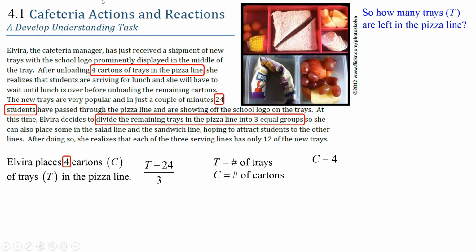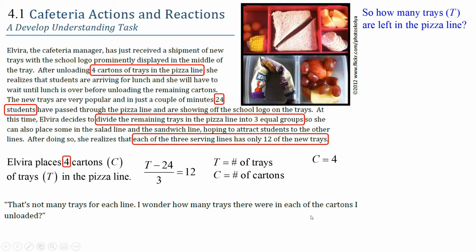Now, after doing so, she realizes that each of the 3 serving lines has only 12 of the new trays. So this would be the number of trays in each line, and she found that that would equal 12 in each of them. So T minus 24 divided by 3 has to equal 12.